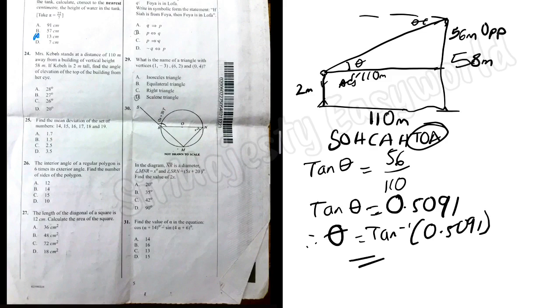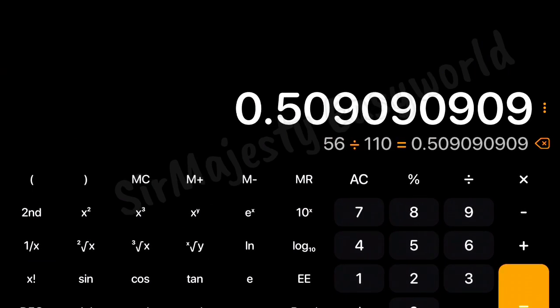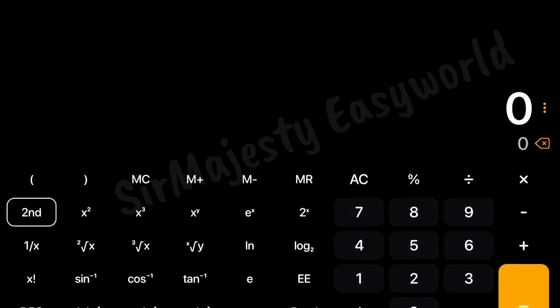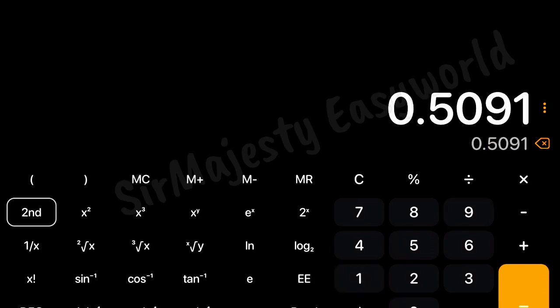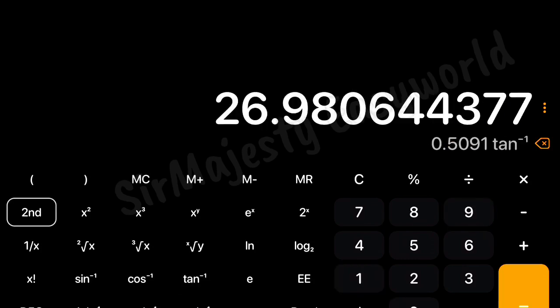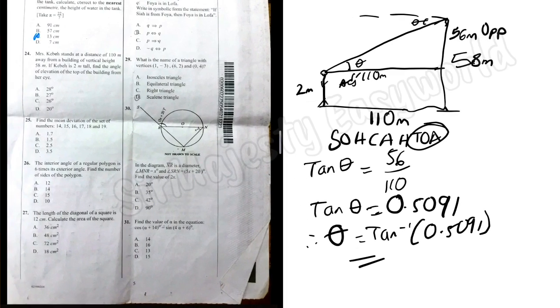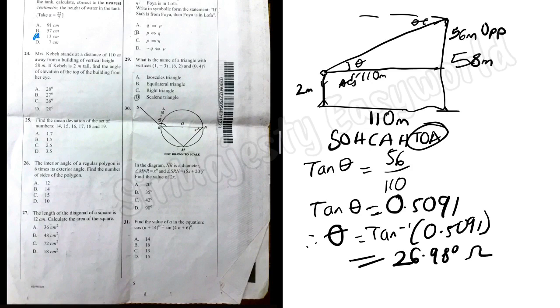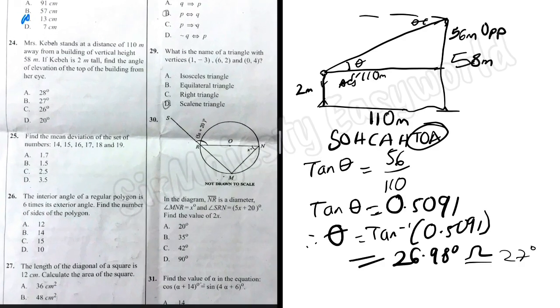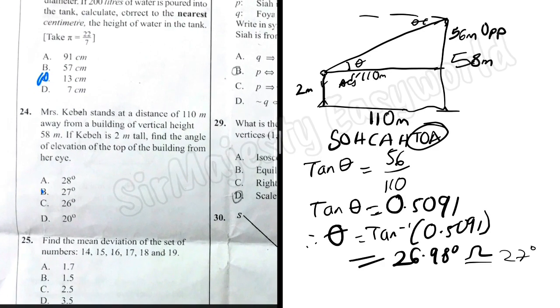So our theta is equal to 26.98 degrees. This is approximately equal to 27 degrees. Don't accidentally approximate and say it's 26. So the correct answer to this question is B, 27.